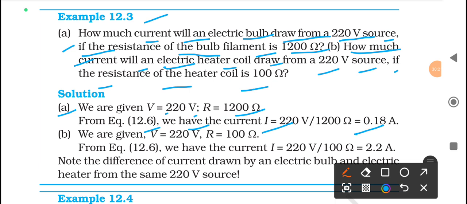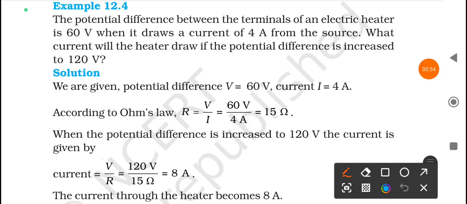From equation 12.6 we have the current I is equal to 220 volt by 1200 ohm is equal to 0.18 ampere. We are given V is equal to 220 volt, R is equal to 100 ohm. From equation 12.6 we have the current I is equal to 220 volt by 100 ohm is equal to 2.2 ampere. Note the difference of the current drawn by electric bulb and electric heater from the same 220 volt source.